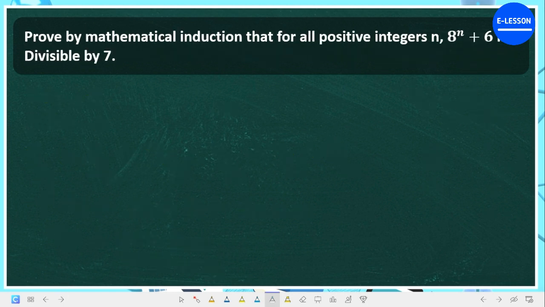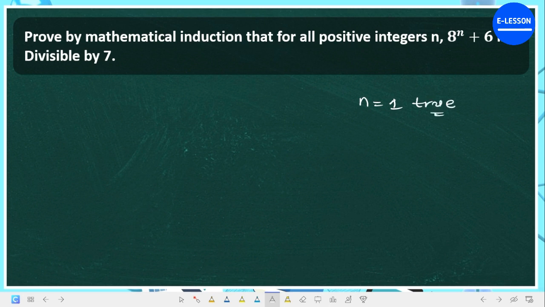The next says, prove by mathematical induction that for all positive integers n, 8 raised to the power of n plus 6 is divisible by 7. Whenever you are given a question like that, you have to set up hypothesis. The hypothesis is 1, that when you put n is equal to 1, it will be true.